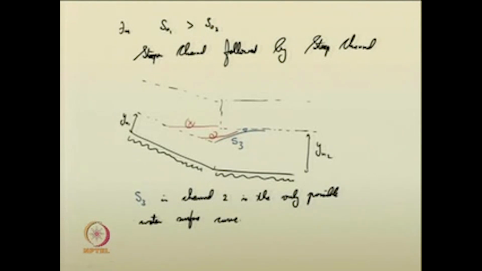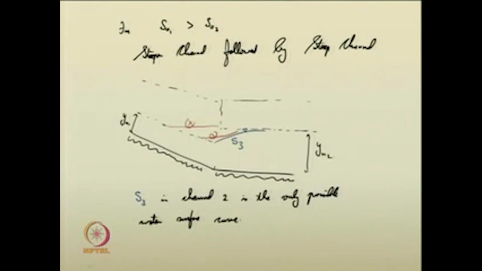for such a situation. So, we have seen these three situations, that is the steep channel followed by another steep channel, mild channel followed by another mild channel, and mild channel followed by a steep channel.